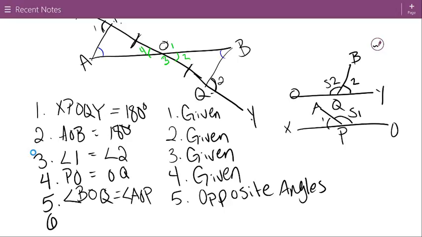So 6, we have angle BQO is equal to angle APO because they are supplements of angles 1 and 2.